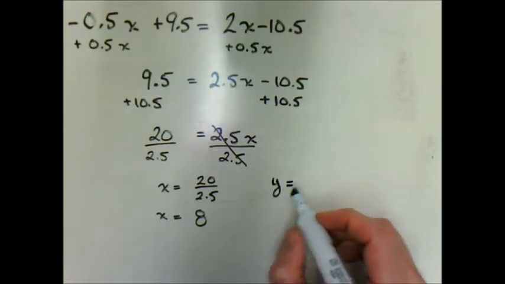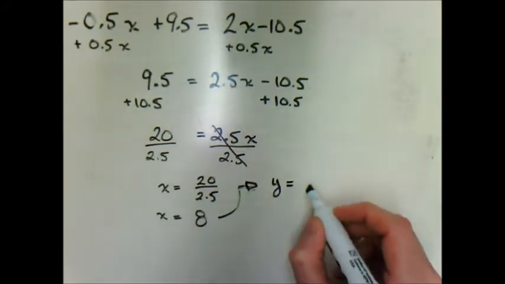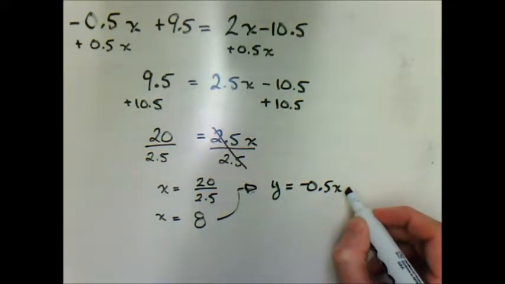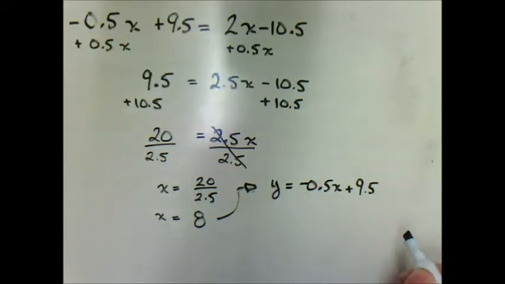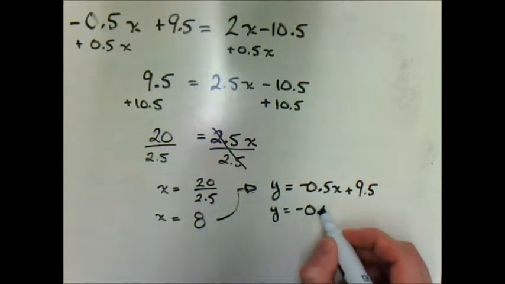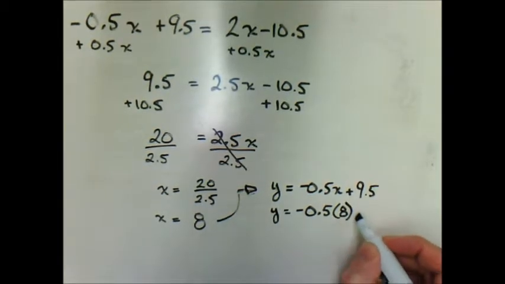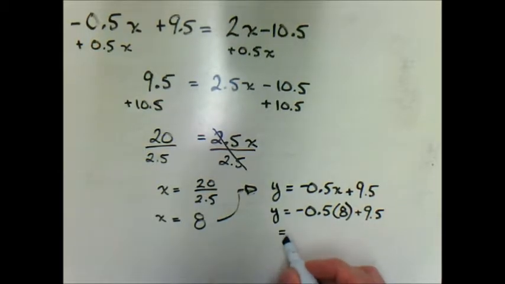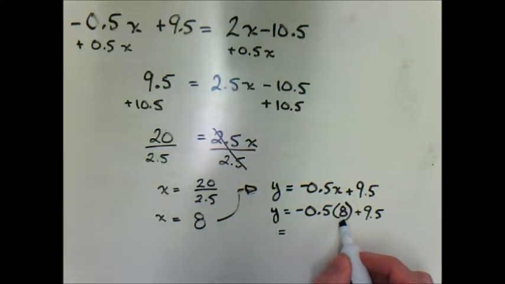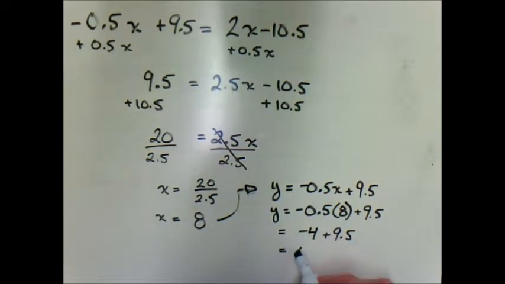So we have y equals negative 0.5x plus 9.5. Sub in our x value of 8. Perform our algebra. 8 times negative 1/2 basically means you're cutting 8 in half, and then it's a negative. So that's negative 4 plus 9.5, which equals 5.5.